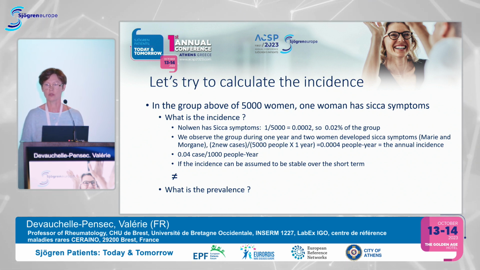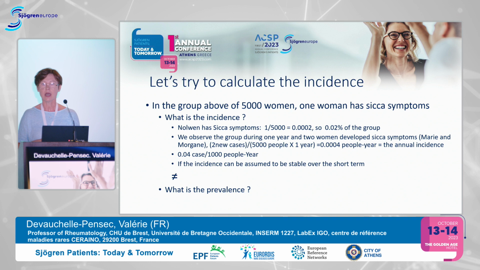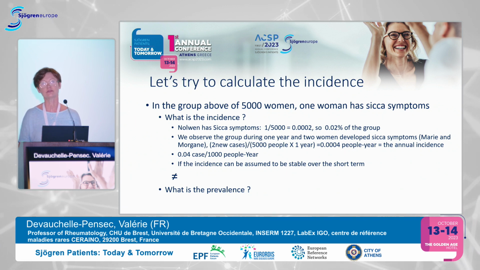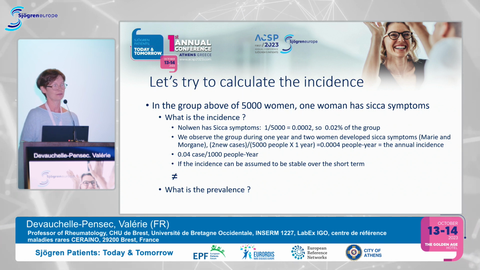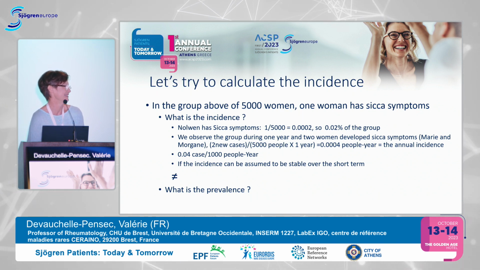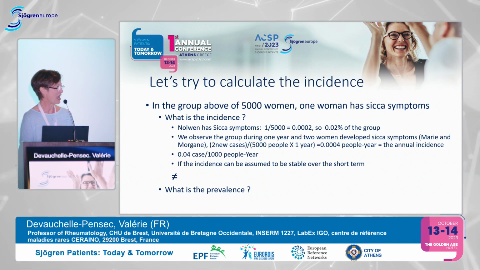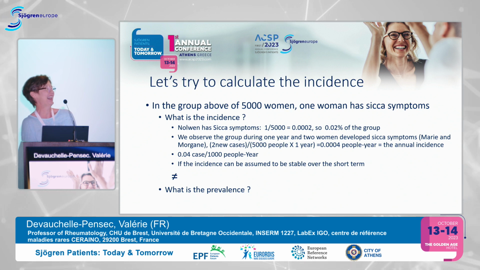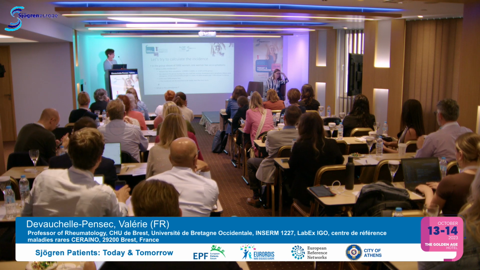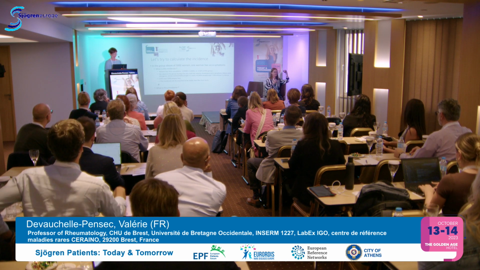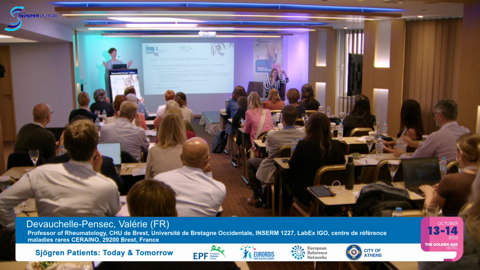And here, what is the prevalence? How many cases are we going to count to calculate the prevalence? Maybe Coralie, that is good mathematics. How many cases? Remember, Coralie. Well, let's say 3. Yes, exactly. She's very good.